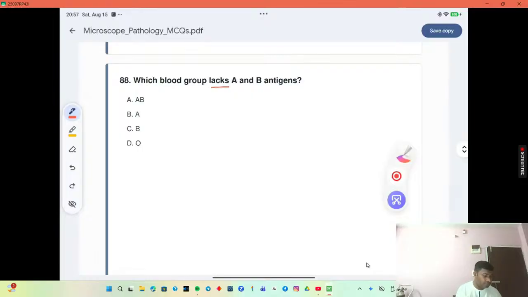I am giving you 30 seconds. The right answer of this question will be blood group O. Blood group O lacks A and B antigen completely, meaning blood group O does not contain any A and B antigen. Okay, now I will move to the next question.